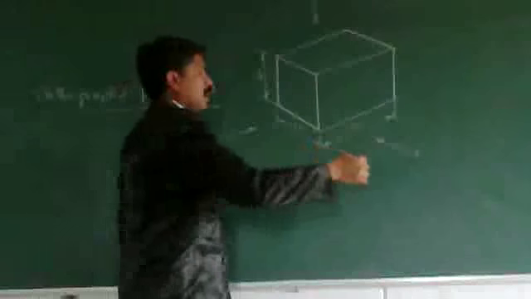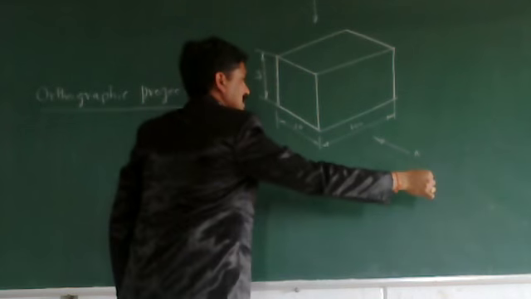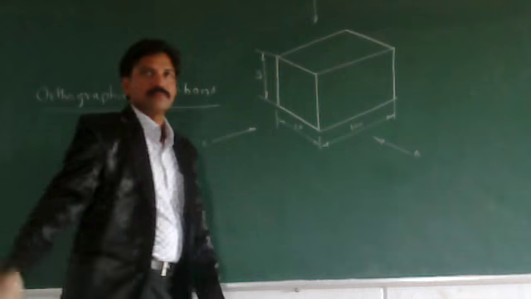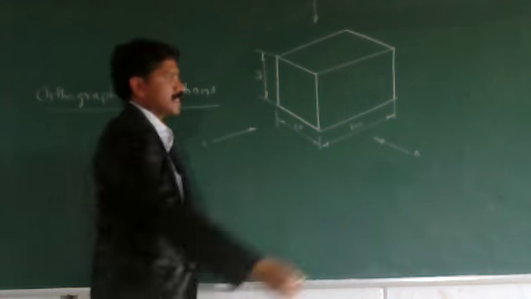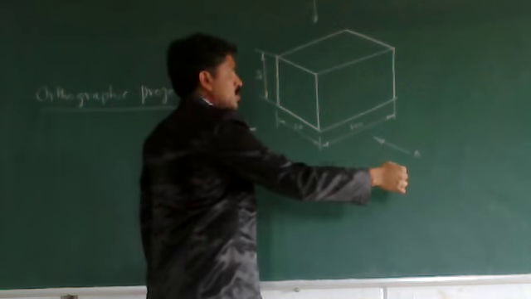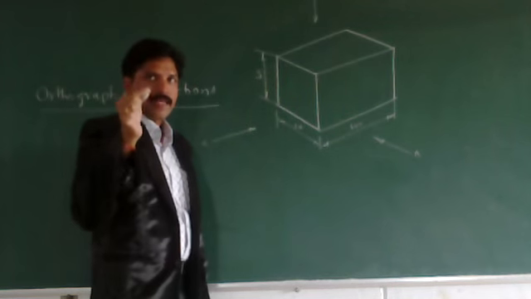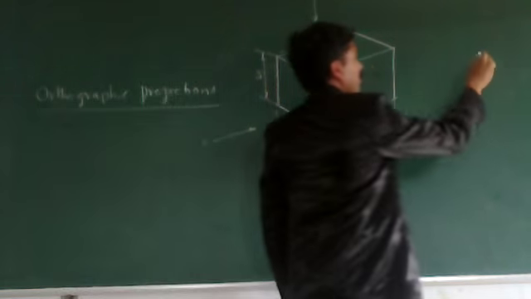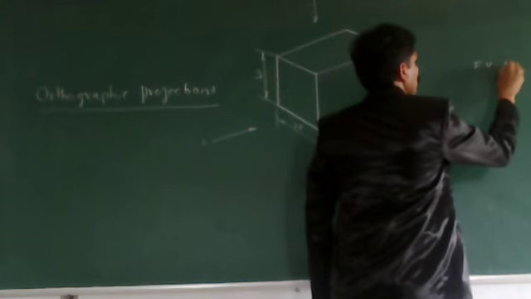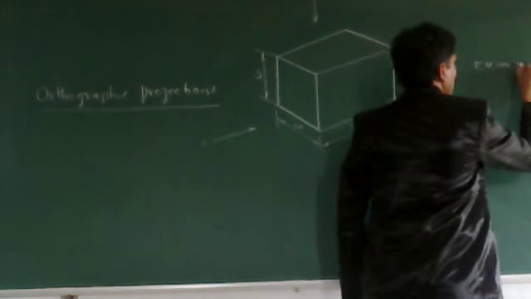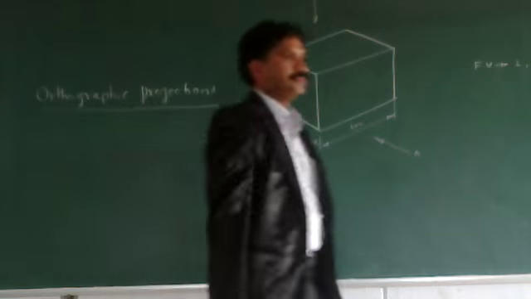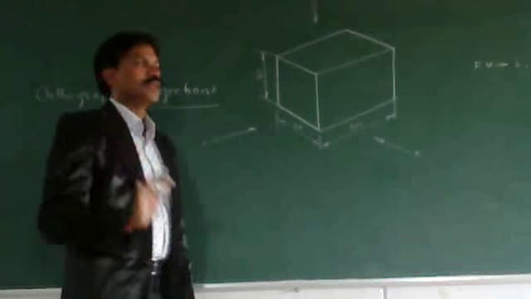Right? Okay. So for example, if an observer stands in front of the object, which dimensions are visible? Length and height. So in the front view, we should observe only length and height.